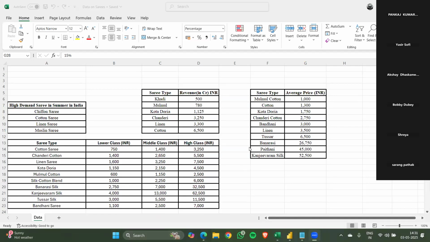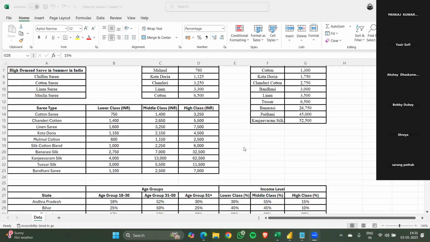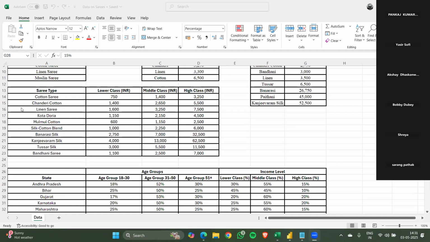Yes. So basically, what I found out was, let's say for cotton saree, the affordability data.